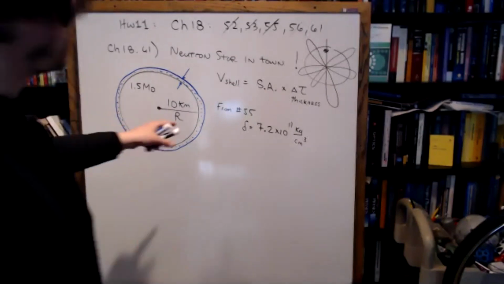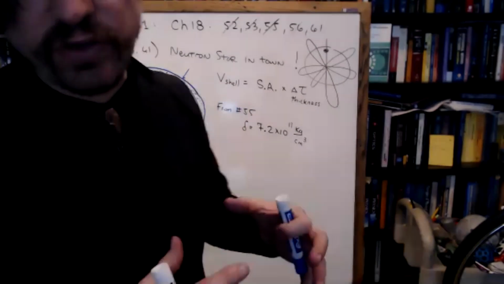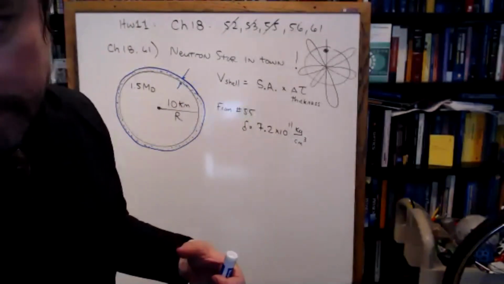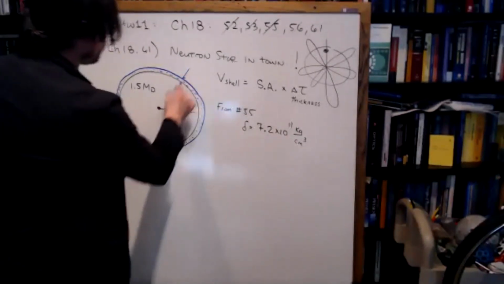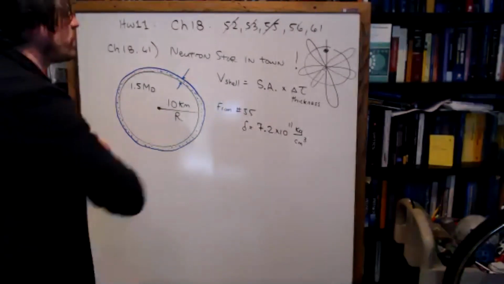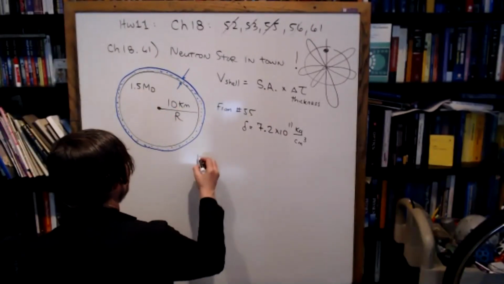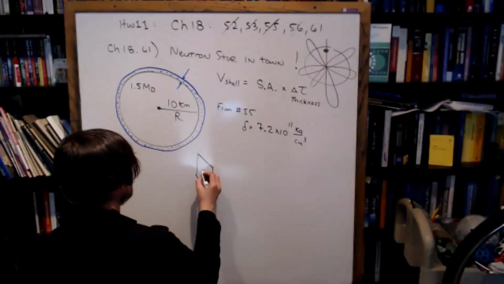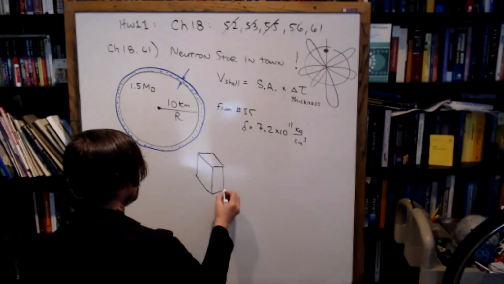What they meant by that is, normally the volume of a sphere is 4/3 pi r cubed, right, Nathan? But here, since the shell is thin, here's my analogy. If you had to calculate the volume of a pizza box, you could just take the area of the pizza box and multiply it by its thickness.